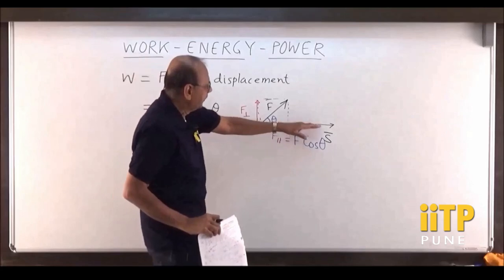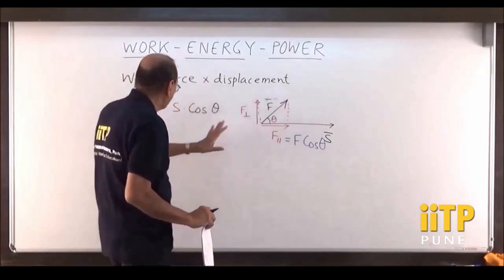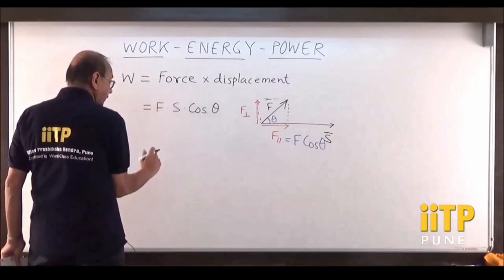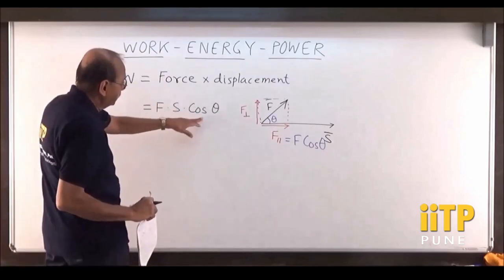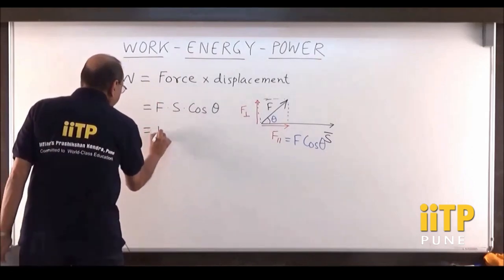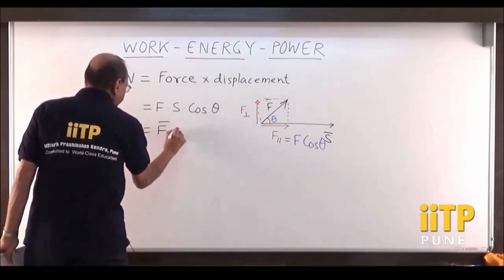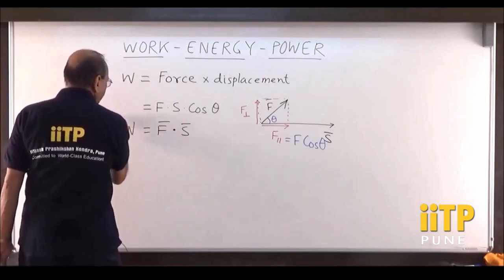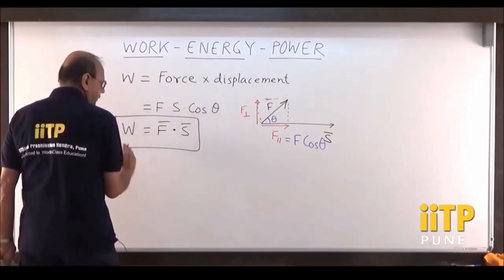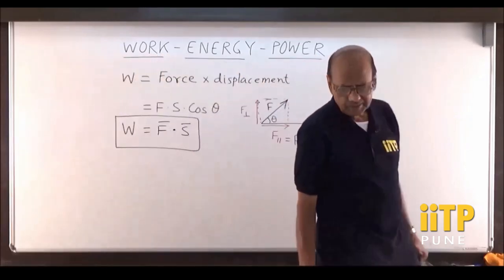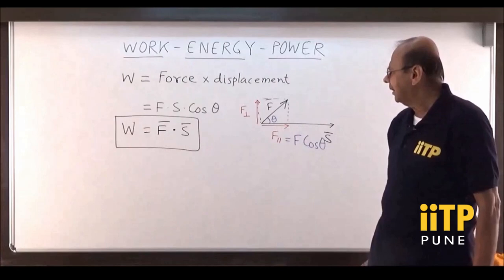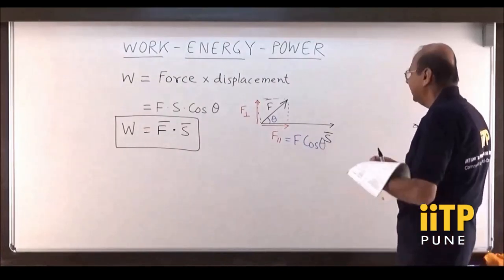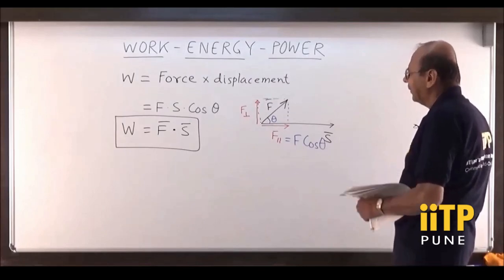Had we thought of displacement along the force, it is S cos theta, we don't complicate, this is alright. But we know that both force and displacement are vectors, and whenever we multiply them with a cos theta, this is nothing but F dot S. And therefore we get our standard formula: work done by a force when some displacement is produced on the object on which the force is applied is F dot S or F S cos theta.